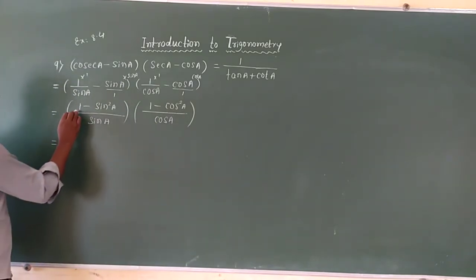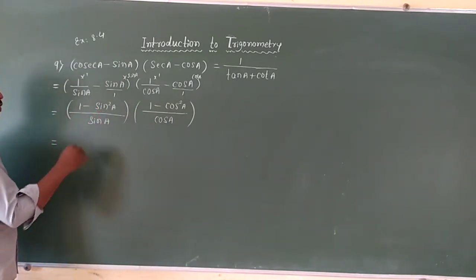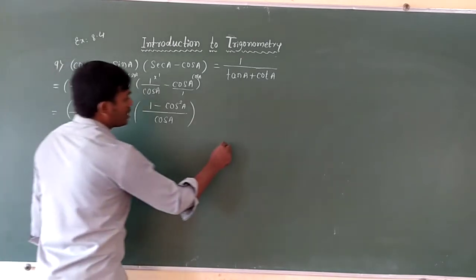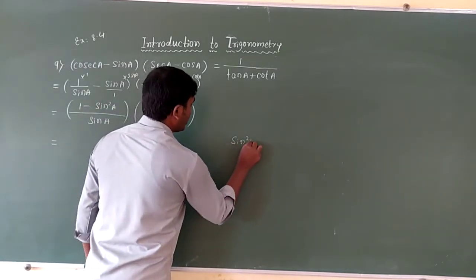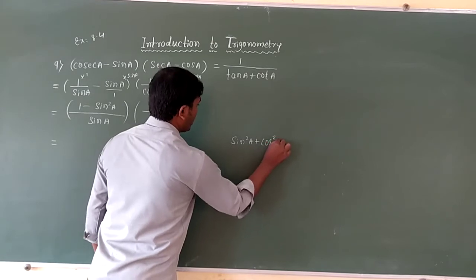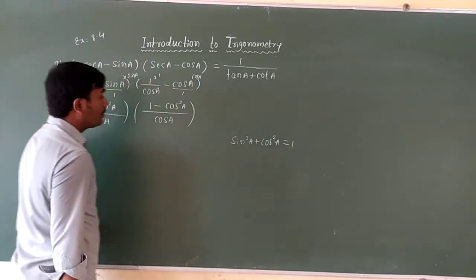Simplify this again. 1 minus sin square A is what? We know it by using the identity sin square A plus cos square A is equal to 1.